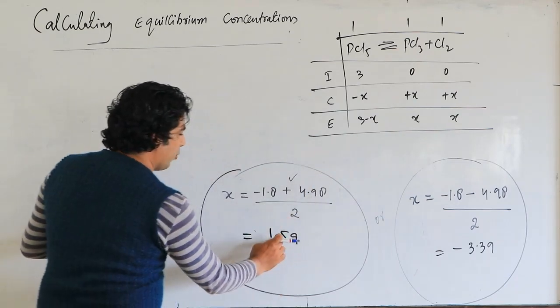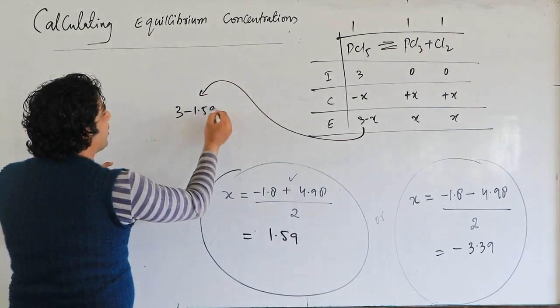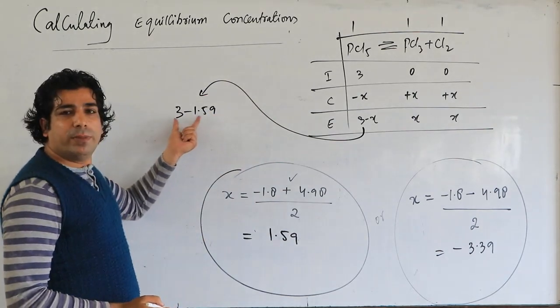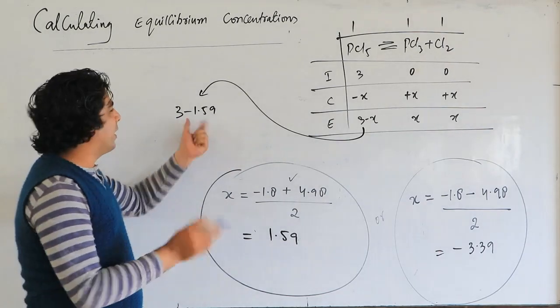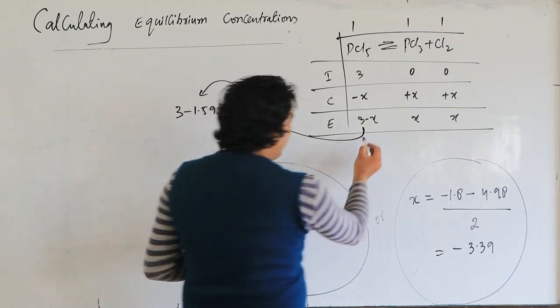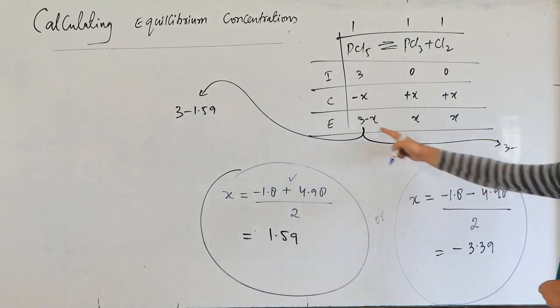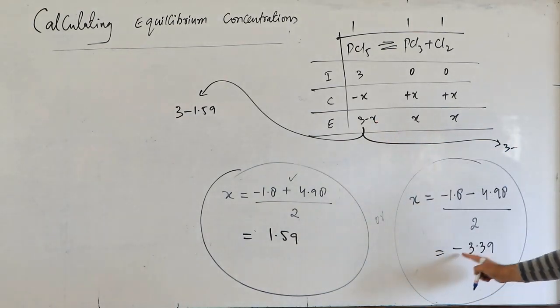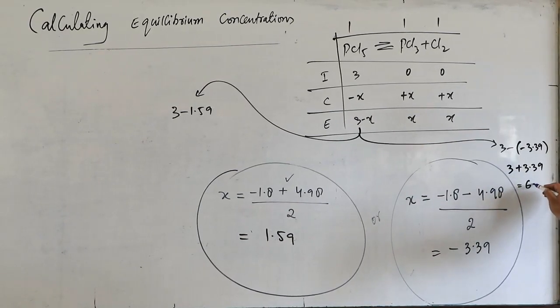So it will become 3 minus 1.59. So out of 3 moles, how many moles are decreasing? 1.59 moles are decreasing, are dissociating. So correct, no problem. But if I take in place of this x, minus 3.39, my dear friends, obviously minus will become plus. So it will become 3 plus 3.39. It will become actually, my dear friends, 6.39.